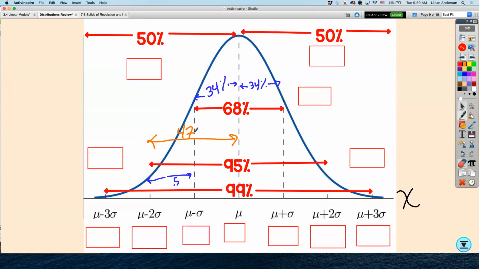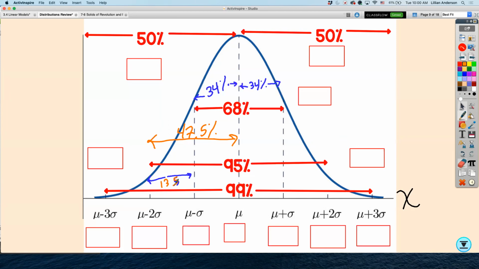You just subtract 47.5 and 34, and then that's how we got 13.5 to represent that little space, and so on and so forth. Okay?